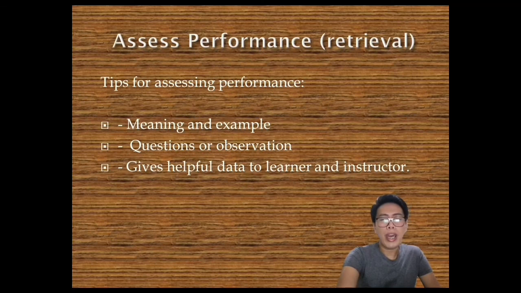Next we have questions or observation. This usually comes at the end of the experience. It's when we want to see, okay, did this person actually learn anything? A common way to do this is multiple choice questions, as I have said earlier, or an assessment.